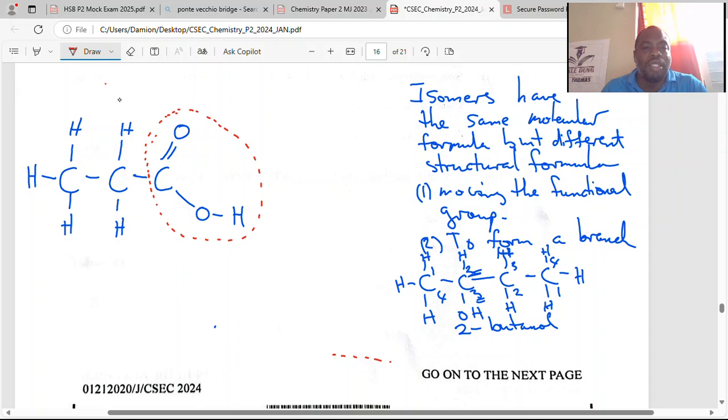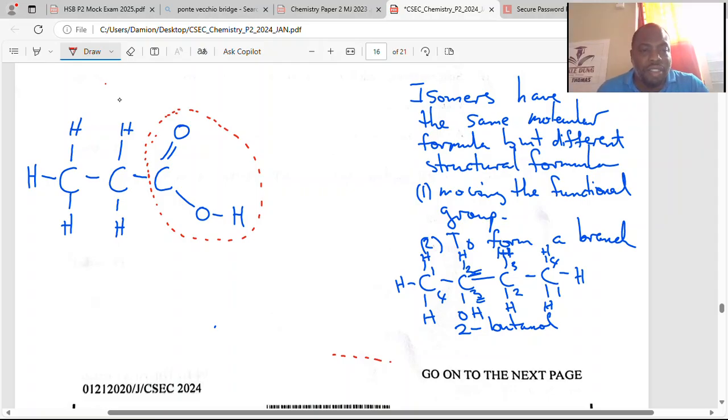This double bond is between a carbon and an oxygen. The other thing is that this area is a functional group. This is a target of all reactions. This is where reactions will take place.